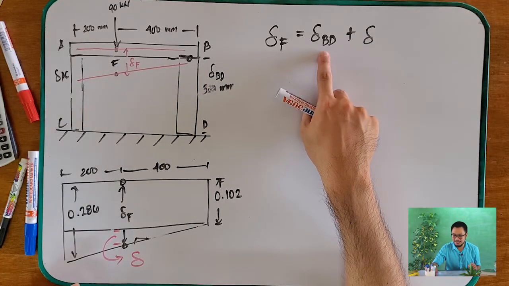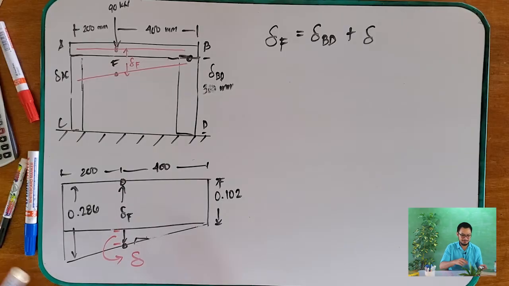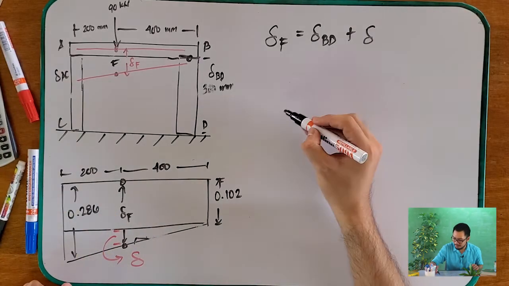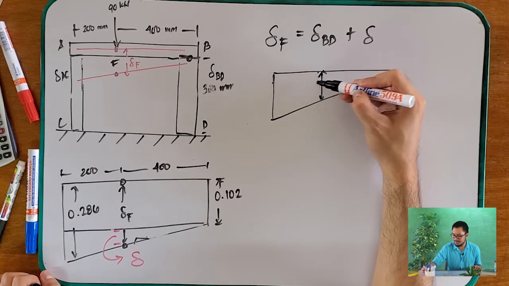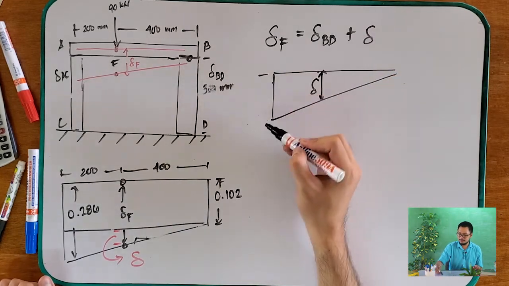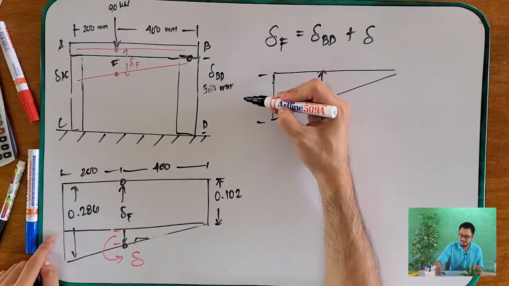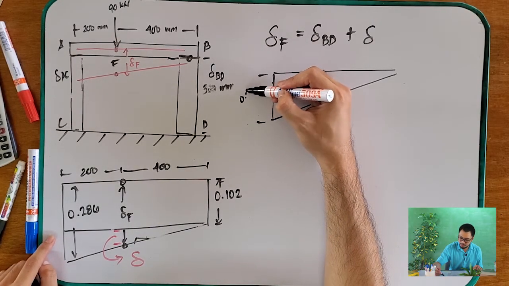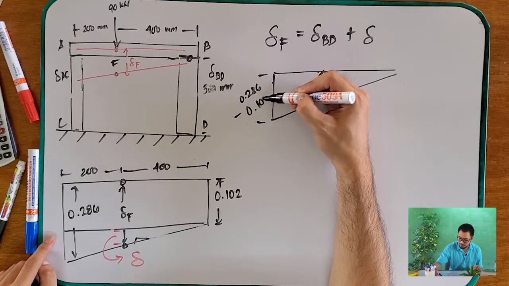Okay, we already know the BD. What we need to know is the delta. How do we get the delta? This is your delta. And we don't know that length, but we know that this one is 0.286 minus 0.102.